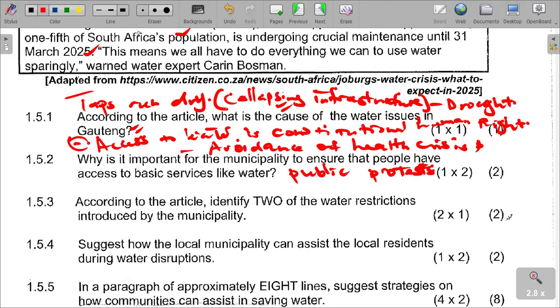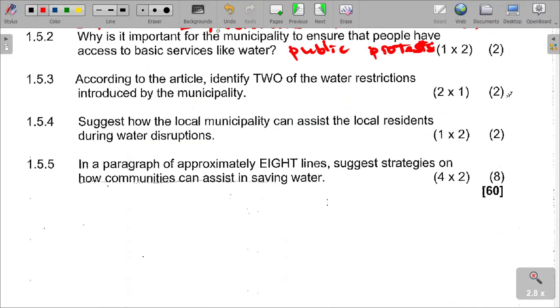People can also protest if there is no water. We also have public protests, which can be caused by the absence of water. So government, in order to avoid waterborne diseases that are caused by the absence of water, rather provides and ensures that water is readily available.